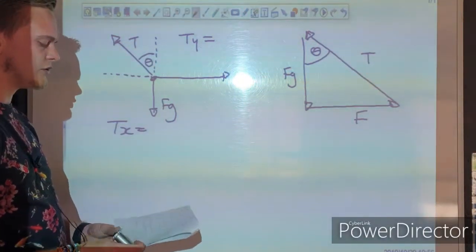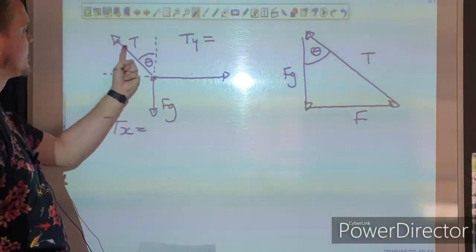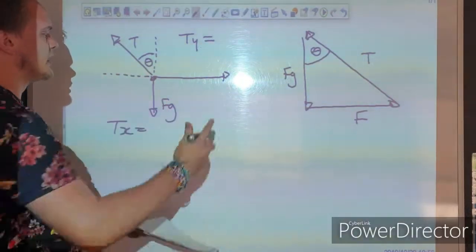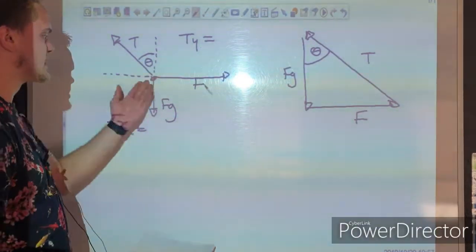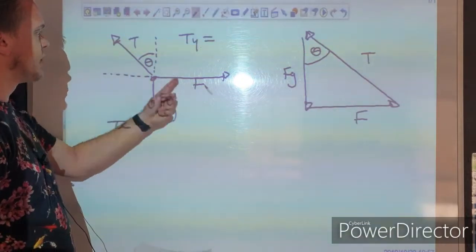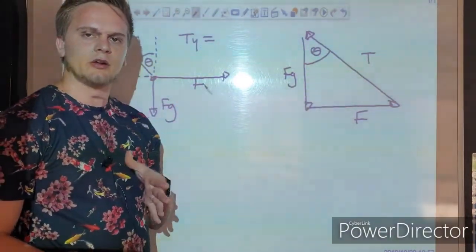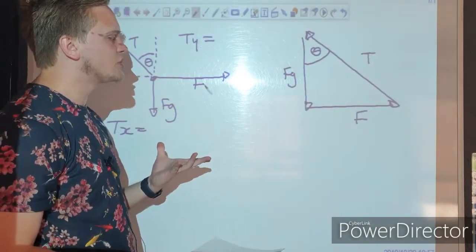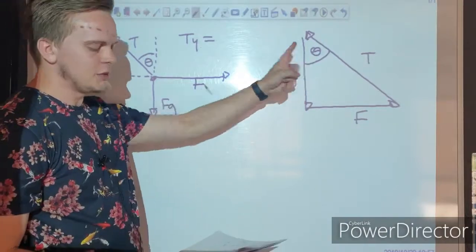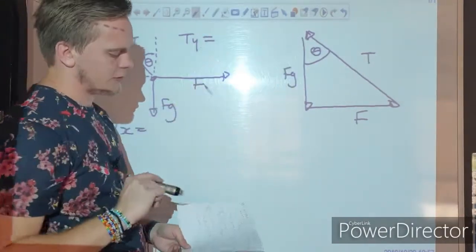So if you want to draw a free body diagram of object M, you'll see we have our tension over there. That was our initial applied force, and then obviously because it has a mass, it has an Fg. So then what I automatically went to do is to use the triangle rule. That's what we taught you to do when we have an equilibrium question. You see we have a triangle with our theta at the top over there.